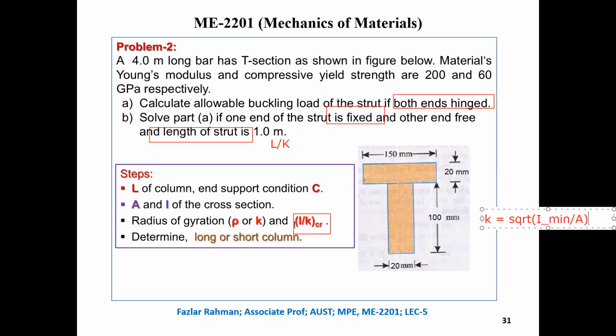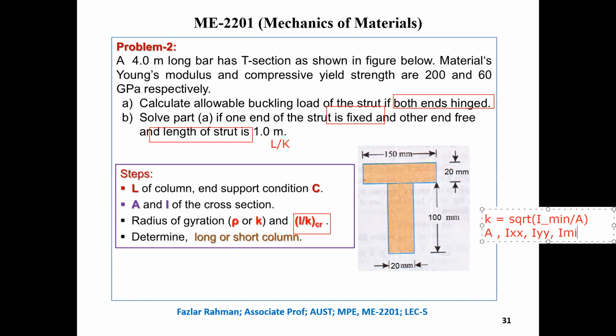And L by K critical, we already have the formula. So you need to figure out the cross-sectional area, then Ixx, then Iyy, then I minimum.